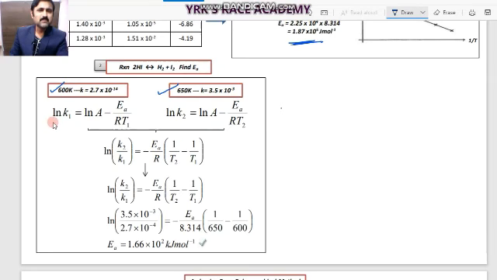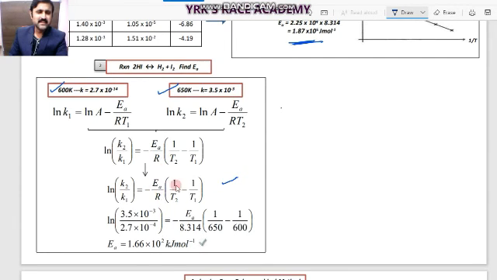In this problem, ln K1 and ln K2 were taken, and then ln K2 by K1 as minus Ea by R into 1 by T2 minus 1 by T1. Substitute the values: 650 Kelvin as T2, 600 Kelvin as T1, and R value 8.314. Finally we got activation energy 1.66 into 10 to the power of 2 kilojoules per mole.